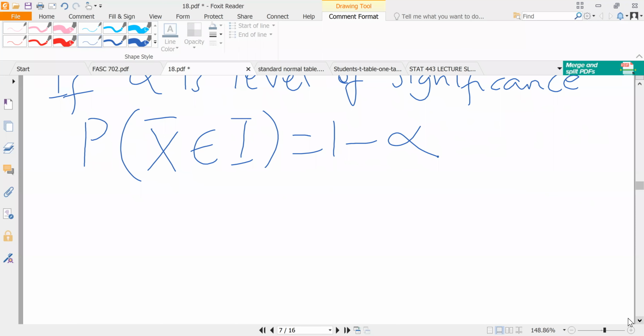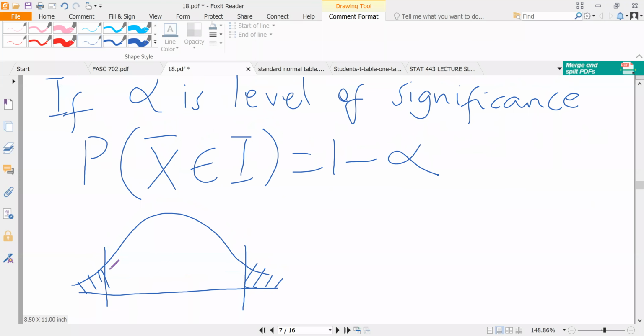Now, if we use a two-tail approach, what that will imply is that we are considering a curve of this form, and we have these two tails being the rejection regions.